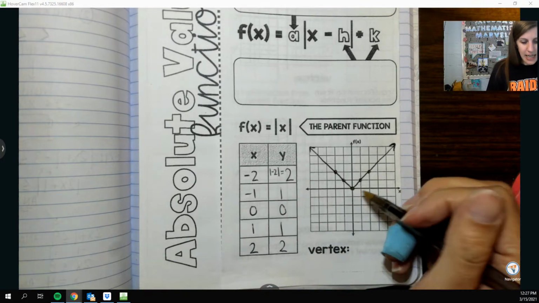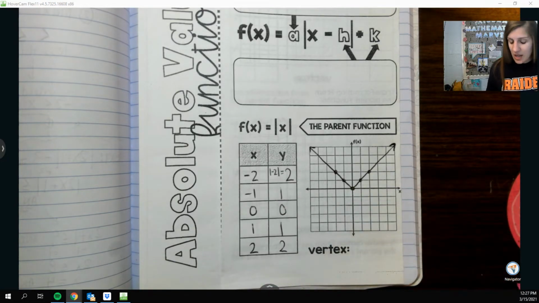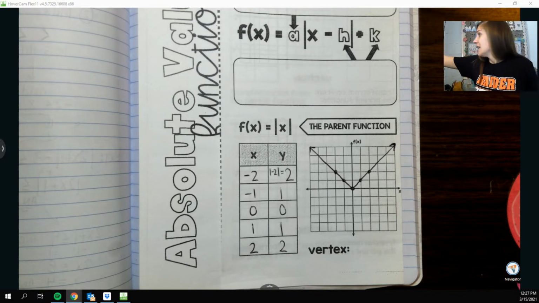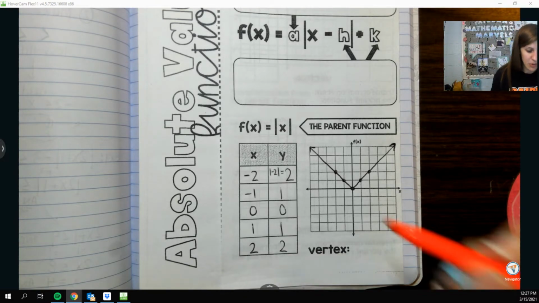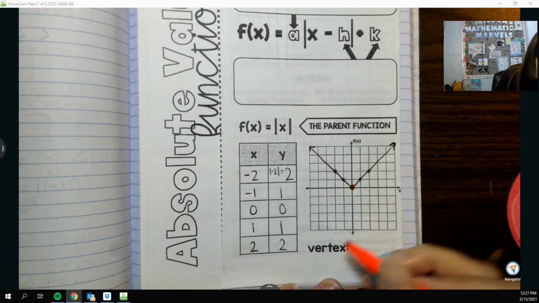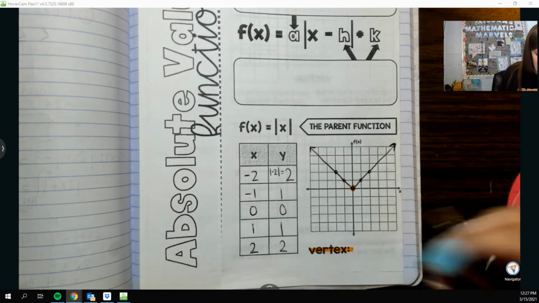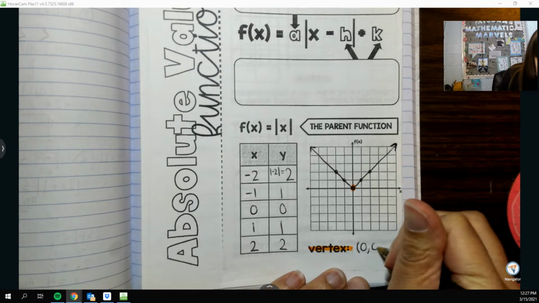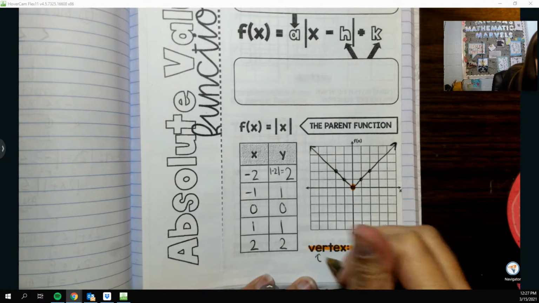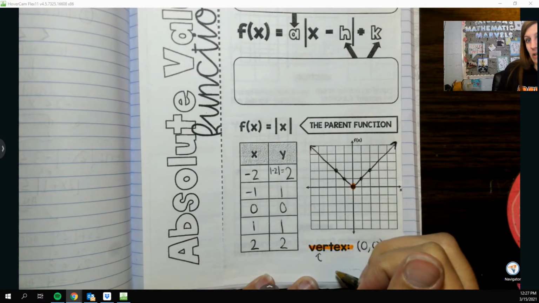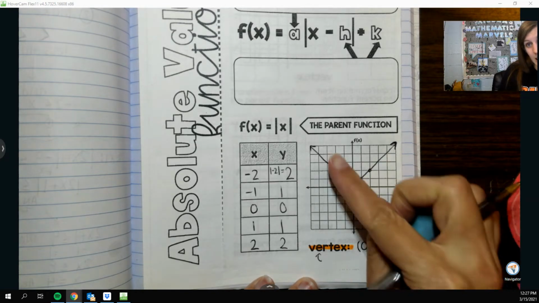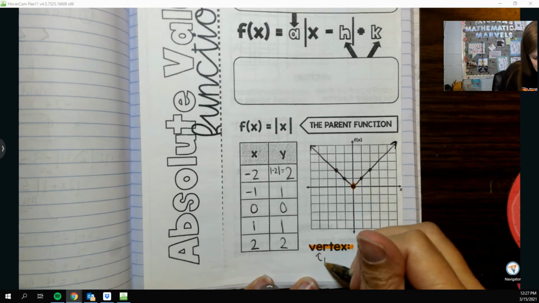So this point right here, this point where the two graphs come together, because it's so important, we gave it a real important name. It is called the vertex. And so this vertex is at 0, 0, but it's like where the lead duck is. It's like a flying V, and it's your lead duck.